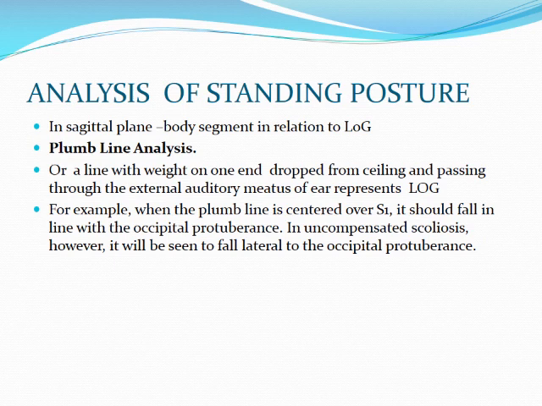For example, when the plumb line is centered over S1, it should fall in line with the occipital protuberance. But in uncompensated scoliosis, it will be seen to fall lateral to the occipital protuberance.